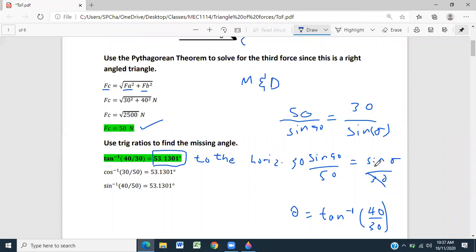And then we take the sine inverse of this entire thing, and we should get an angle that's this plus 90, right? So that should be 143.13, right? That's what this should give us. So you can work it out real quick, punch it into calculator, and you should get something like this.